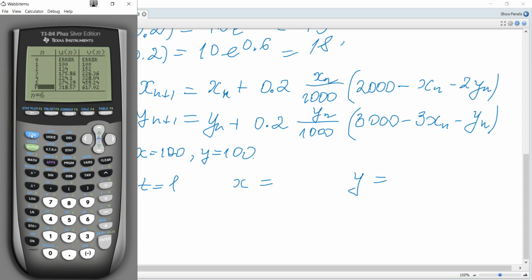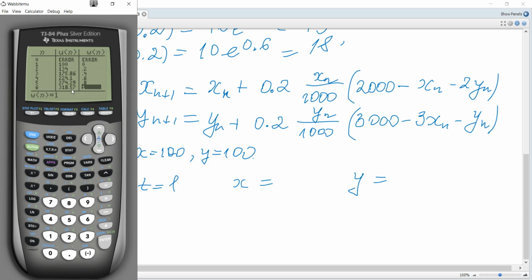Or to avoid mistakes, you may just choose x with time, and from a table you can see clearly that when t is 1, this is the value of x.